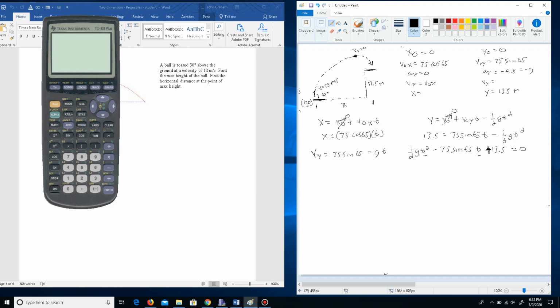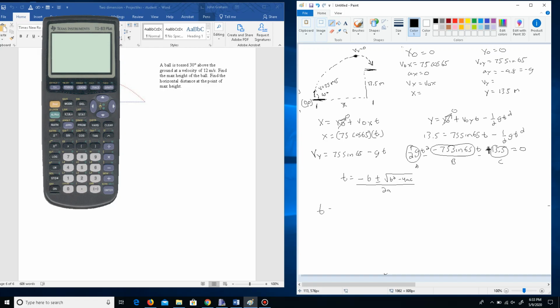So here, it's just easier. Solve for time. Do the quadratic equation. This is your A. This is your B. This is your C. So T is negative B plus or minus square root of B squared minus 4AC over 2A.